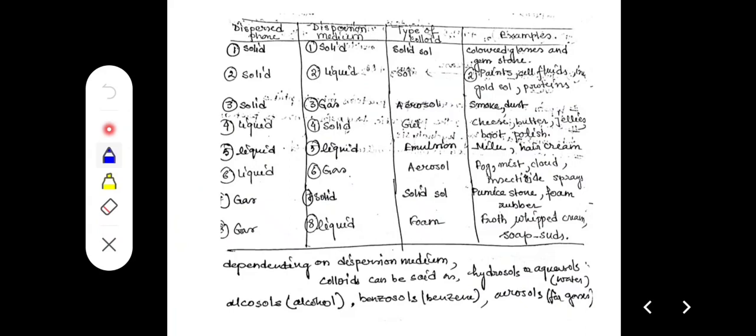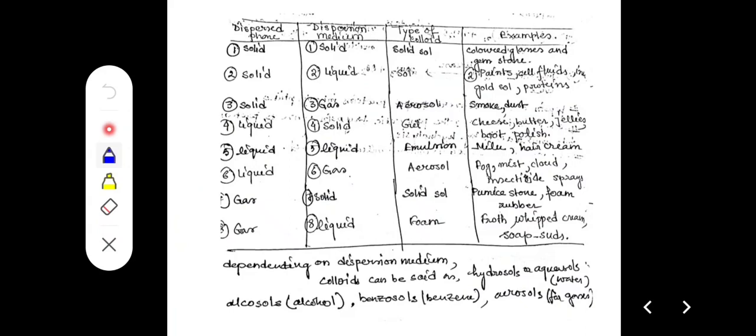Where adsorption takes place is the adsorbent, and the particle that is adsorbed is the adsorbate. Similarly, in colloidal solution, the medium where the particles are dissolved to produce a colloid is the dispersion medium, and the particles added are the dispersed phase. With respect to various types of dispersion medium and dispersed phase, we categorize many types of colloidal solution and their examples.